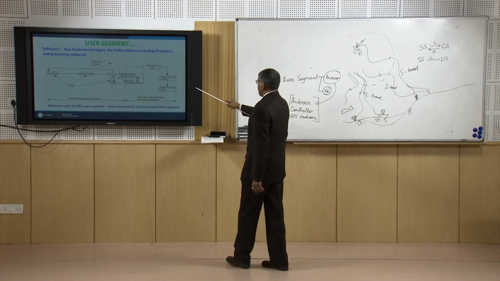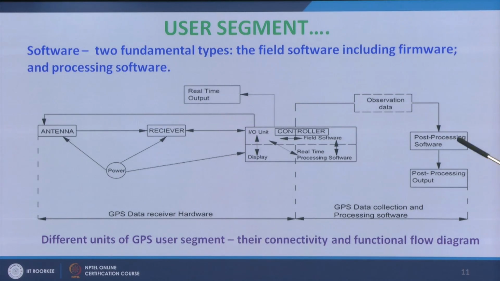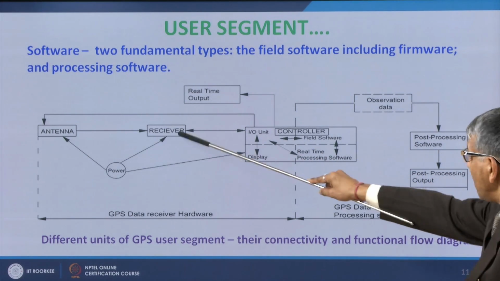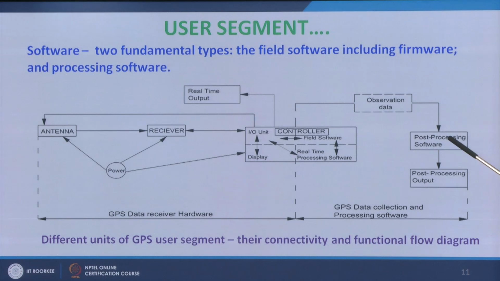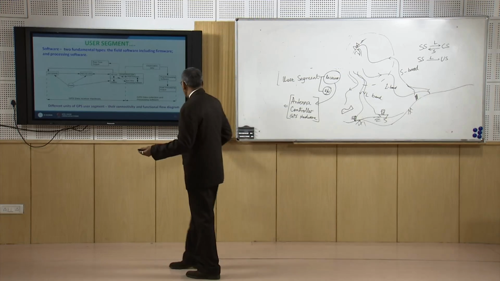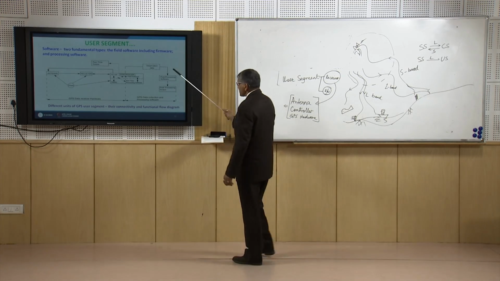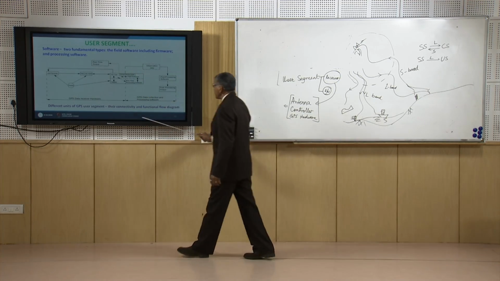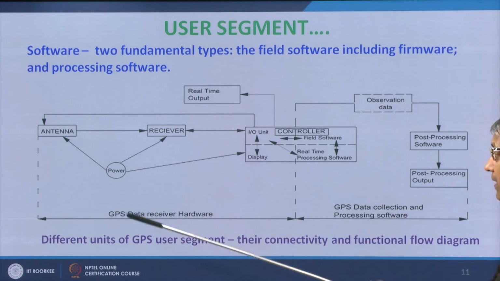That means the importing of the data, as I have told in the last class. After the data has been imported either from the receiver or from the controller, it will get processed and the processed data will be the output, which is the location of the GPS control point. So this is in short how the user segment works.